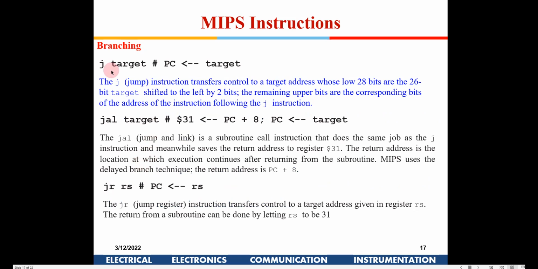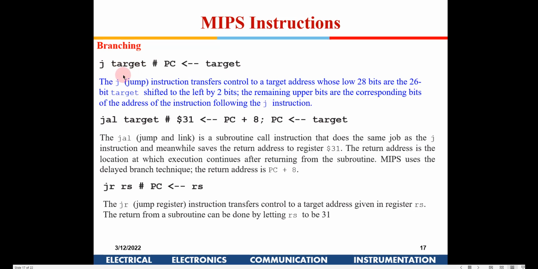So again you have one instruction which is known as jump to target. Here we are not giving the offset value, but we are telling the J target the exact location where the program needs to jump.